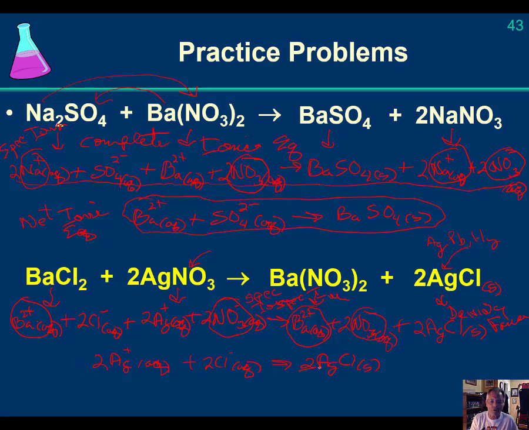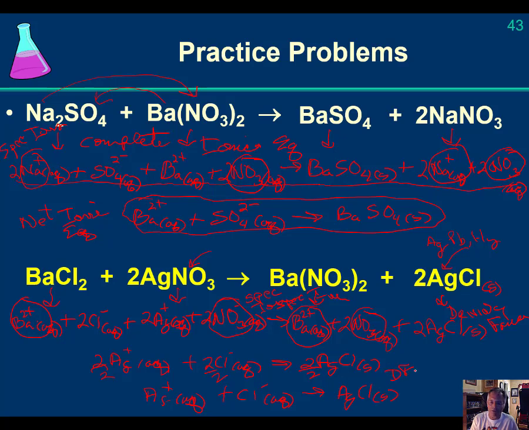All I have to do is divide all of these by 2, and that gives me Ag plus aqueous plus chloride ion, aqueous, making silver chloride solid, which is a precipitate.